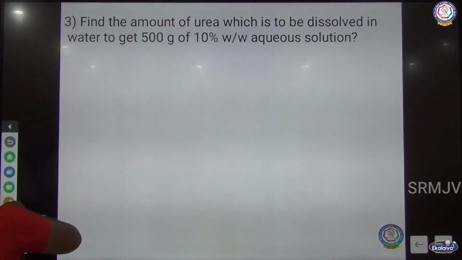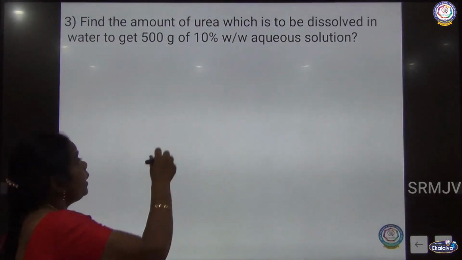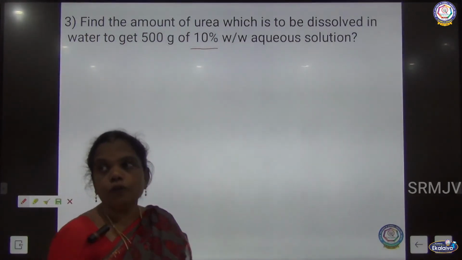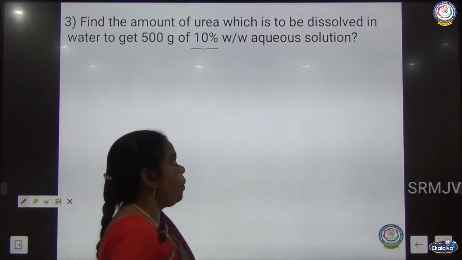Now to prepare the 10% solution, we want to find the amount of solute we needed.